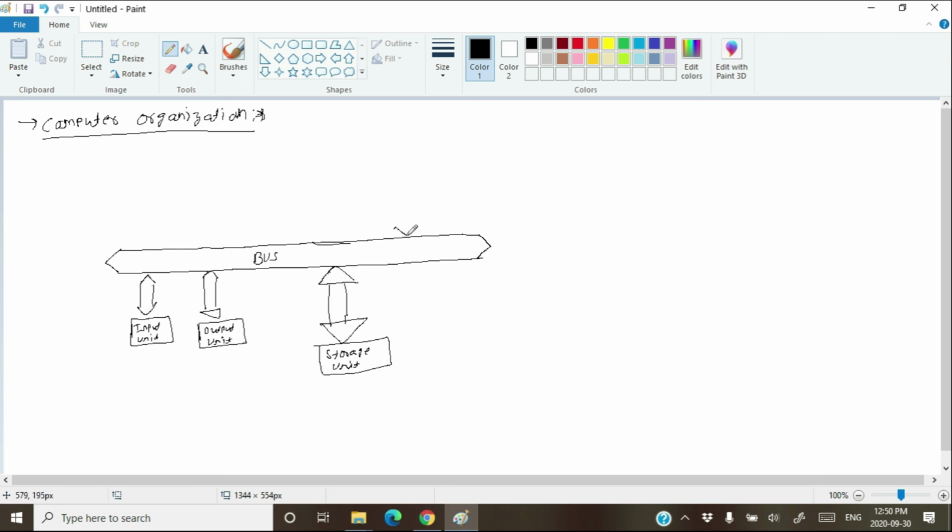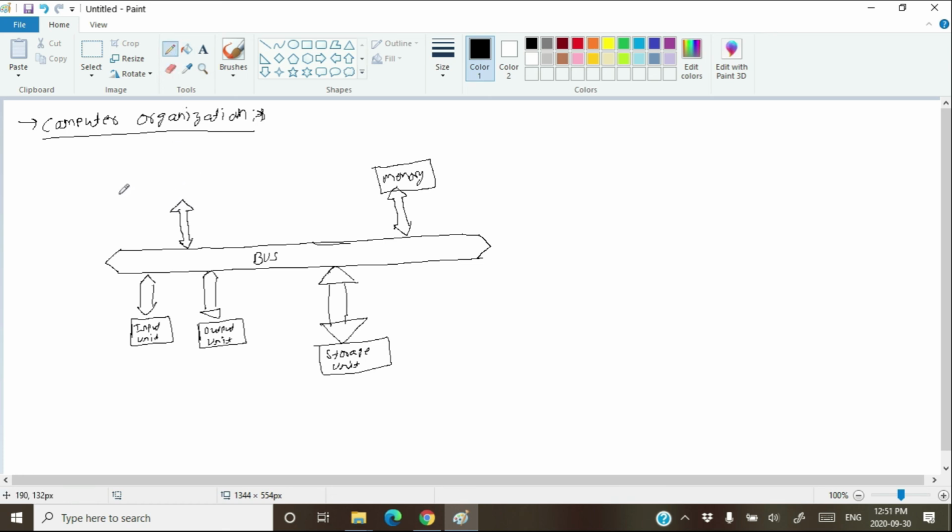After that, you have memory. The memory is also connected to the system bus. Then you have CPU. The CPU is also connected to the system bus. I'm trying to draw a good diagram, and don't laugh at me.